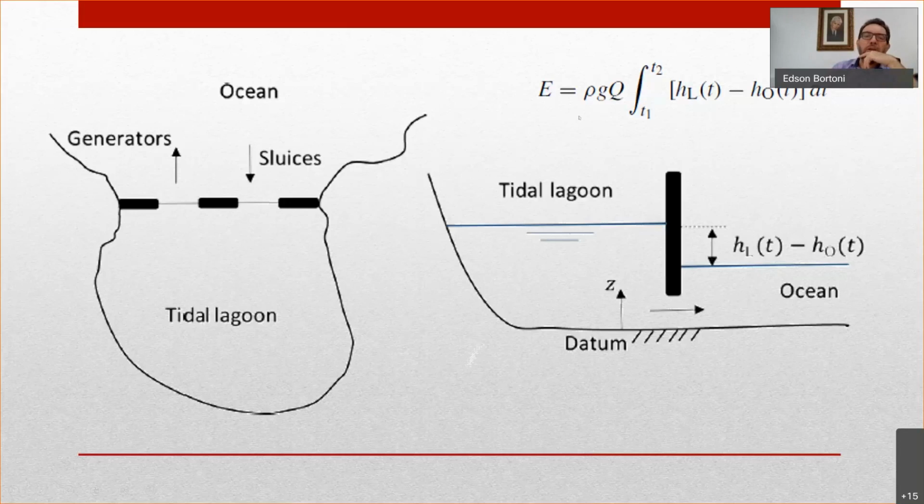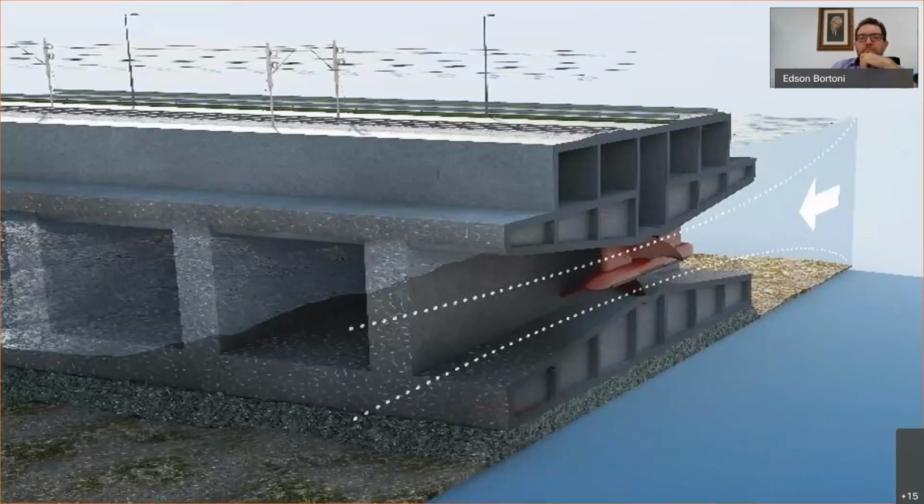You can generate energy from this height. Now, during the night the water goes in one direction, and during the day the water goes in the other direction. So you can put a turbine here and use this variation of the direction of the water.